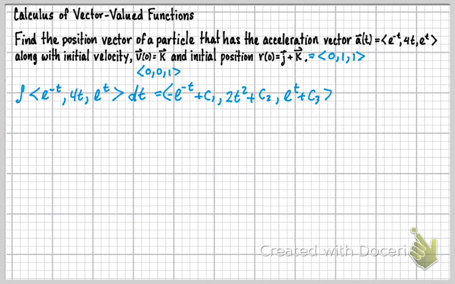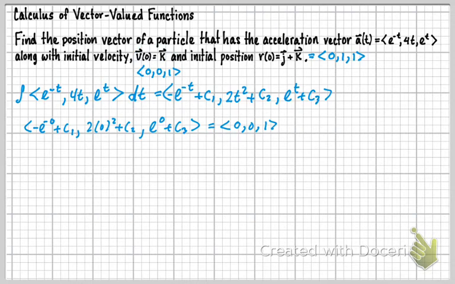If I plug in zeros for my t's, negative e to the 0 plus c1, comma, 2 times 0 squared plus c2, comma, e to the 0 plus c3, that should equal 0, 0, 1 because the initial velocity was equal to a vector k.